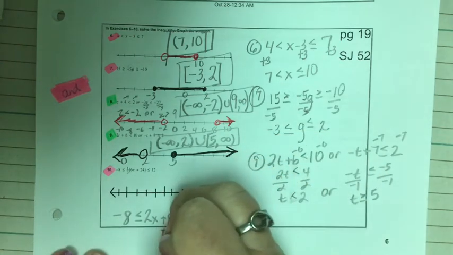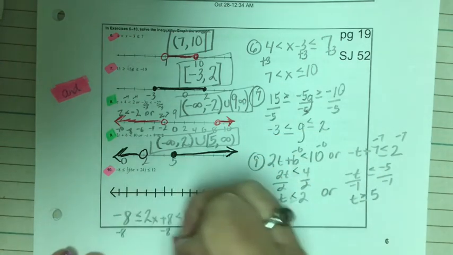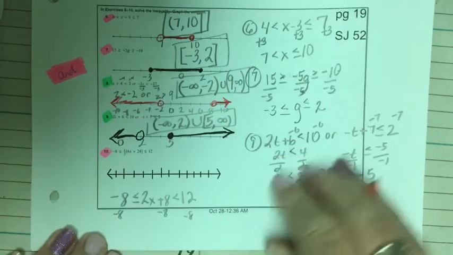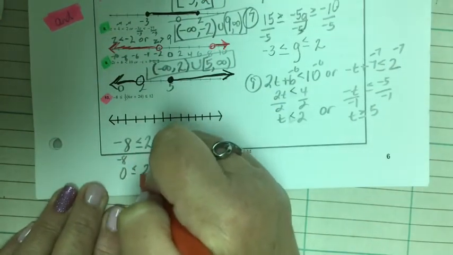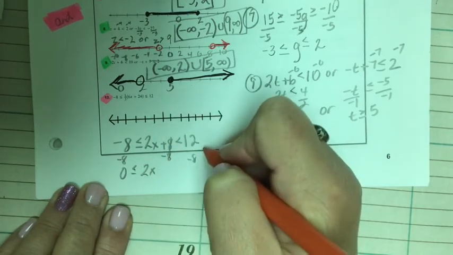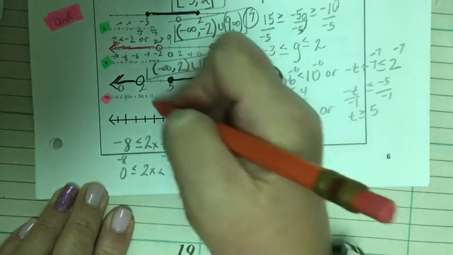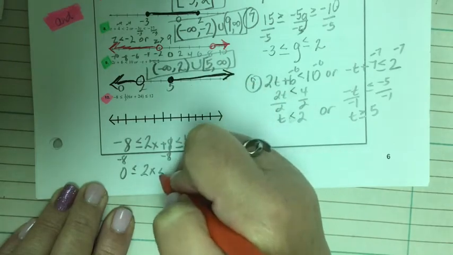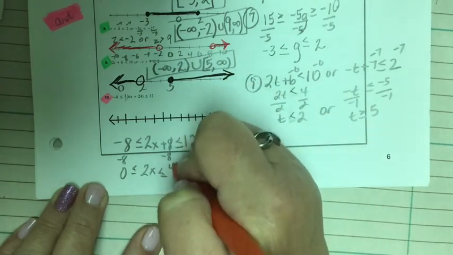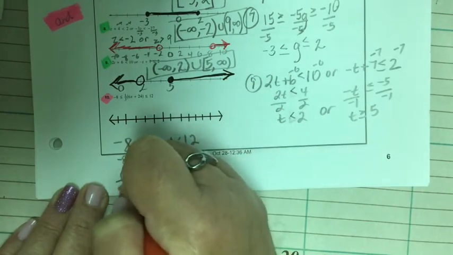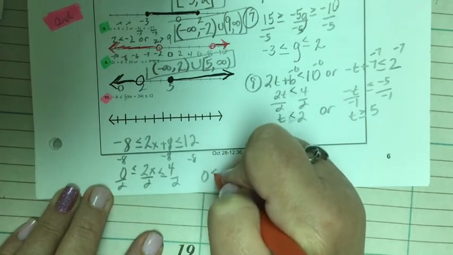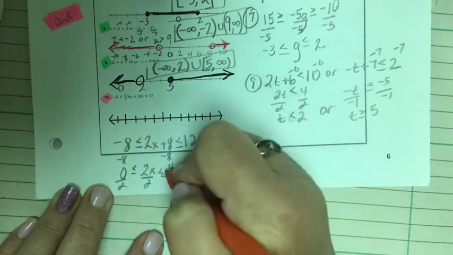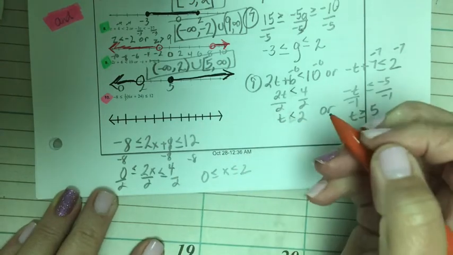I'm going to subtract 8 first from all parts of my problem. Minus 8 is 4. Divide by 2. 0 divided by 2 is 0. Less than or equal to x. Less than or equal to 2.